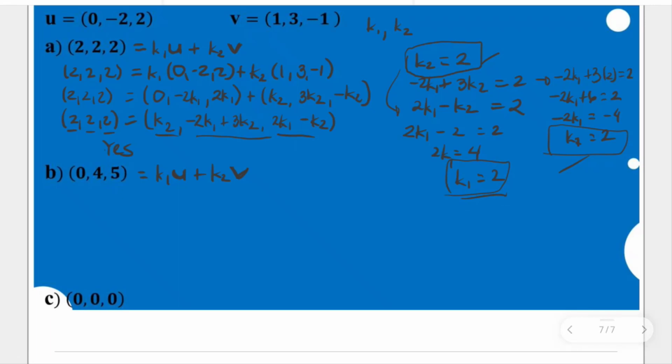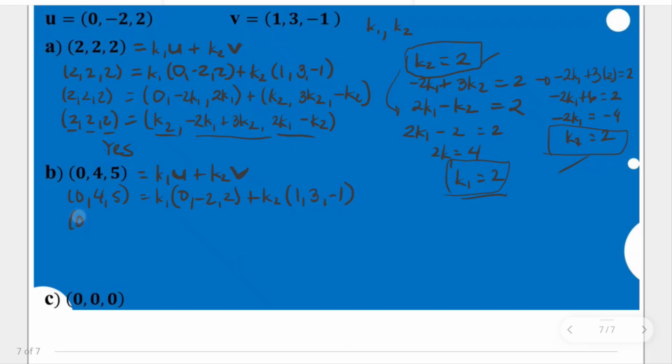But what we know is if we could show K sub 1 and K sub 2 to exist, then (0, 4, 5), the vector B, is a linear combination of vectors U and V. So we'll have here (0, 4, 5) equal to K sub 1 times your U, which is (0, -2, 2), plus K sub 2 times your V, which is (1, 3, -1).